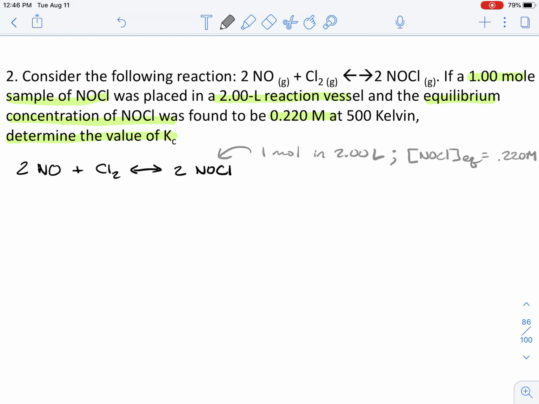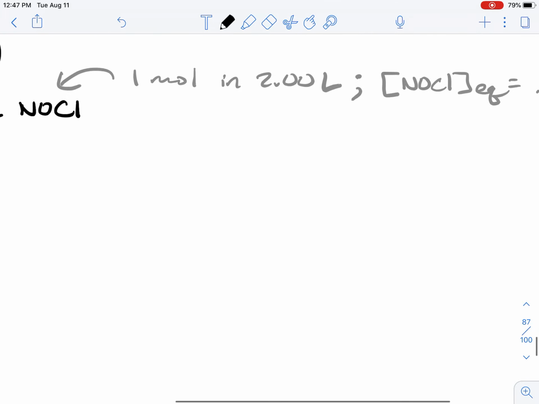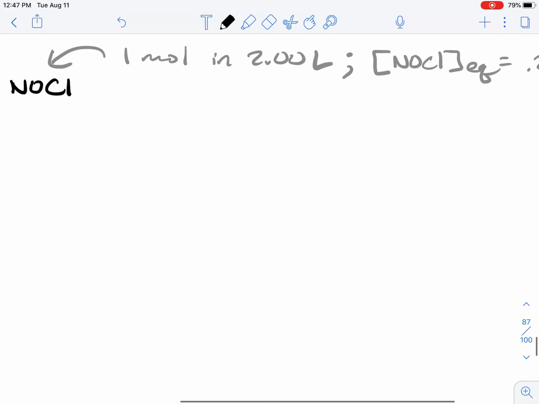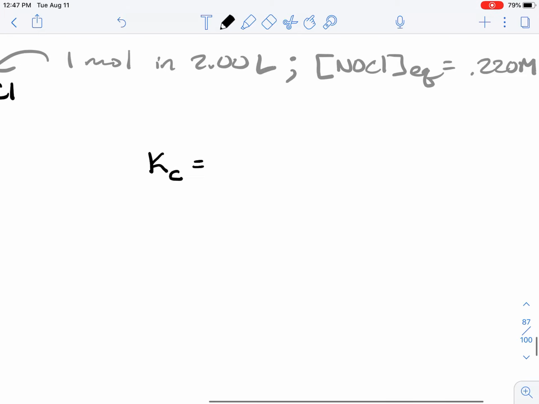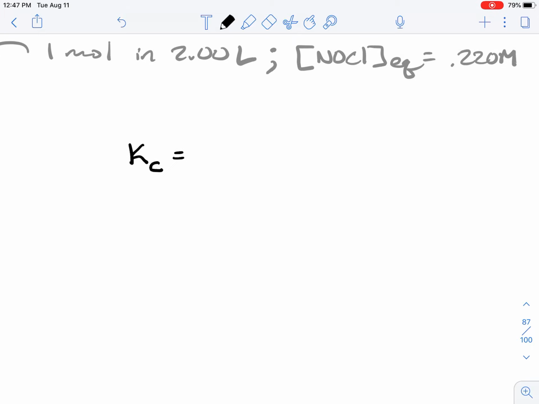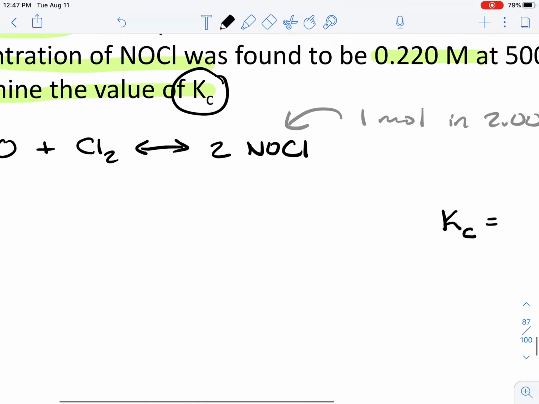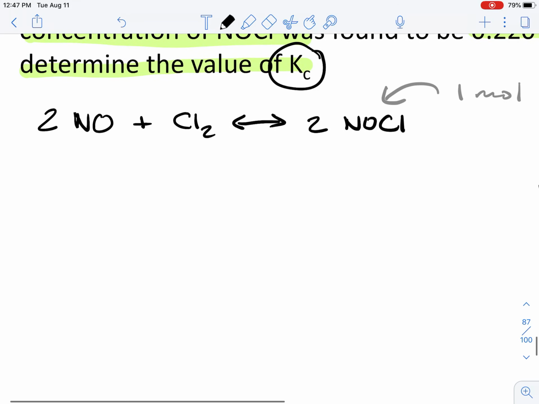If I want to determine the equilibrium constant Kc, that's going to come from the mass action expression. The only way we know how to solve for Kc is by building a mass action expression. Looking at the chemical equation, the mass action expression is the concentration of the products over the concentration of reactants, each raised to its own power.